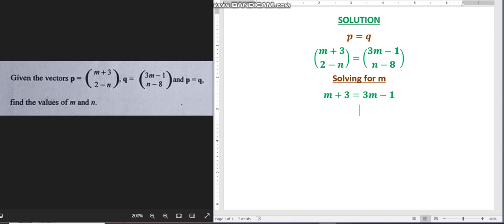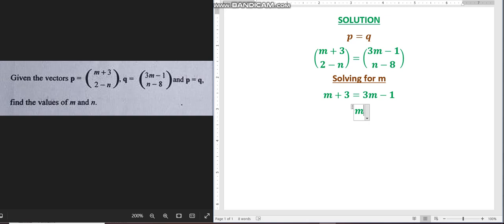In our next step, we are going to group like terms. This is an equation which involves the variable m, so we group like terms and solve for m.